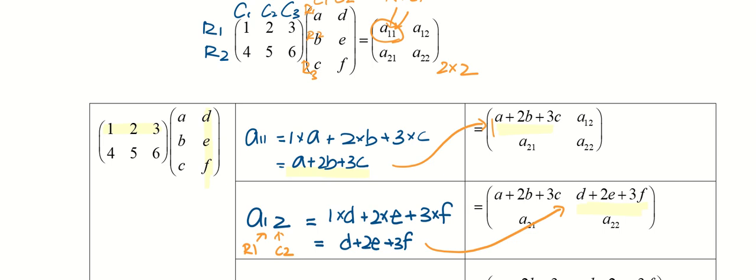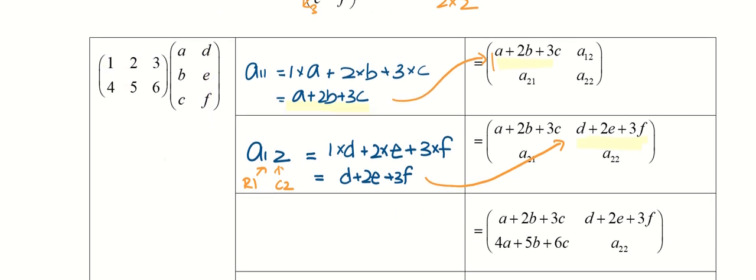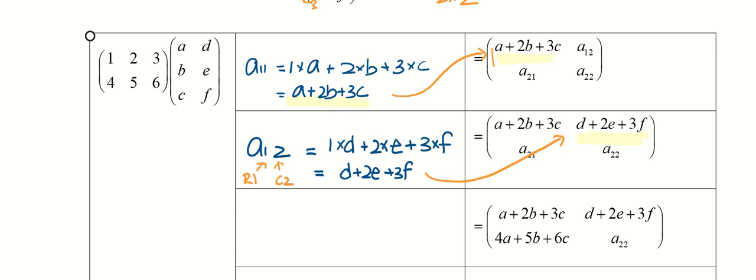How about A21 and A22? It's very intuitive, right? A21 is row 2, column 1. So where is row 2? 4, 5, 6.